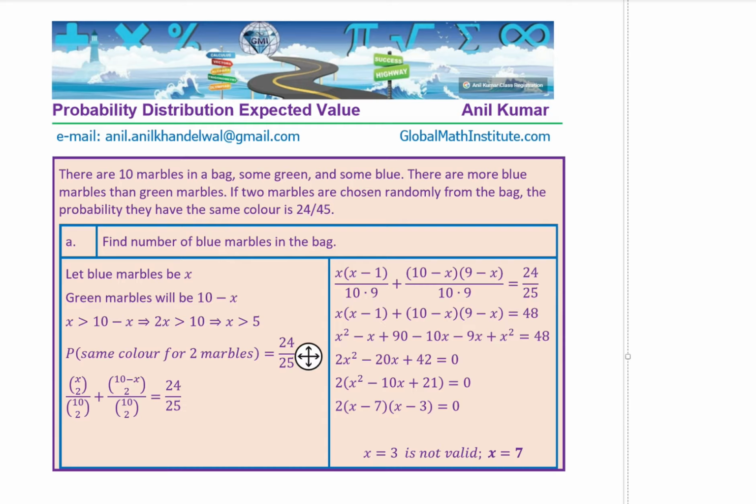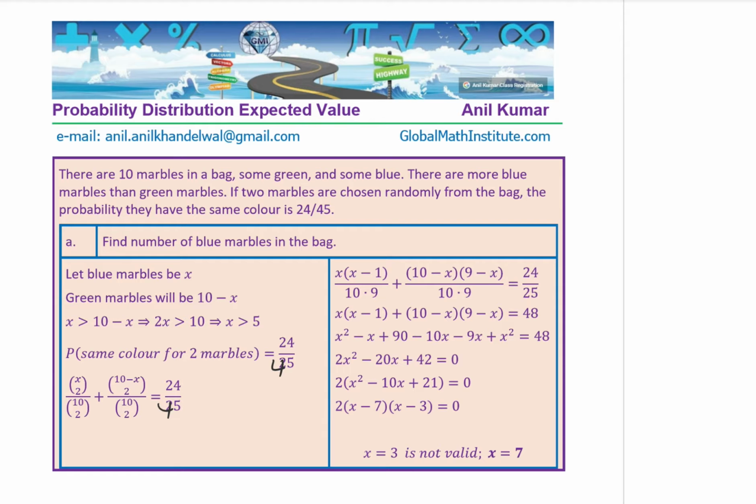We want the same color, that means this is actually 45, not 25, right? Typing error. So we have xC2 over 10C2, the probability of getting two blue marbles, and 10 minus xC2 over 10C2 for the two green marbles, and that is given to us as 24 over 45.